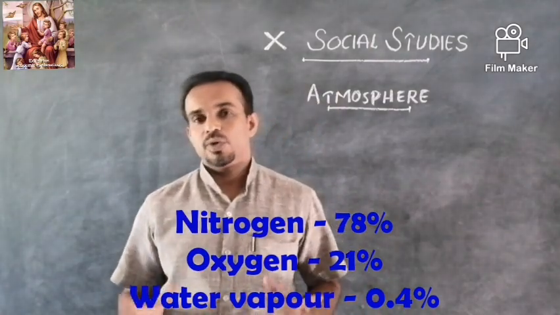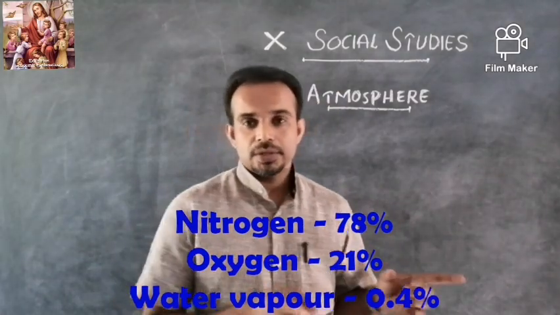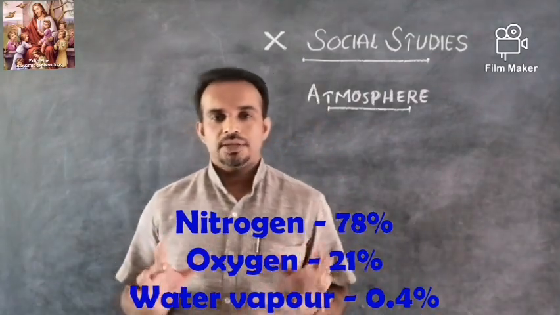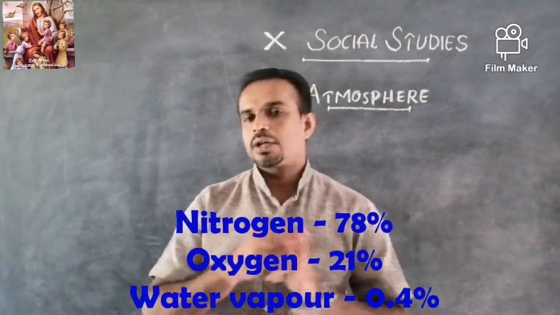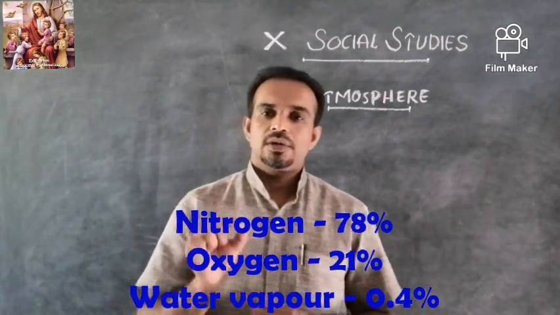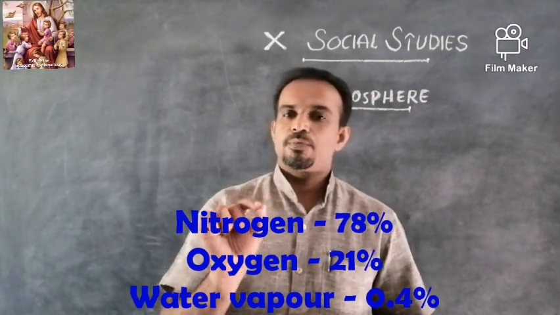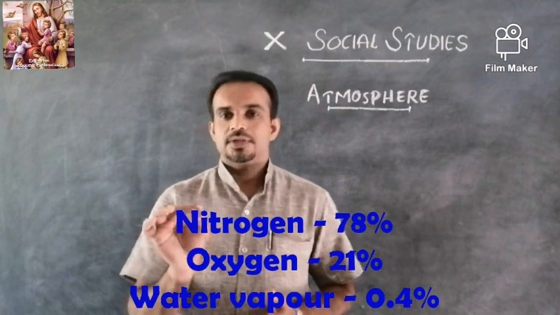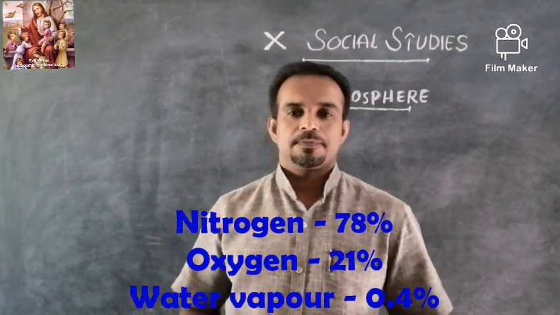And out of that 1%, other than the nitrogen 78 and oxygen 21, one of the major components is water vapor. Water vapor accounts for around 0.4%. Water vapor is the gaseous form of water.